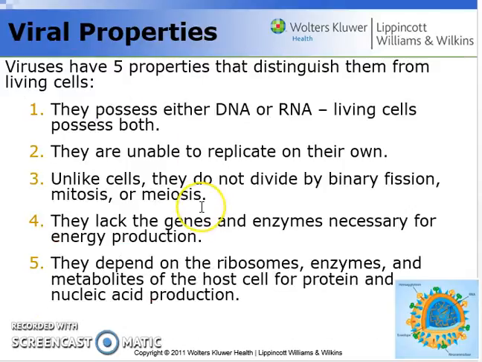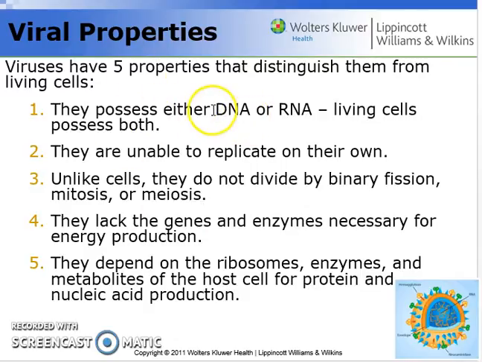But these are the five primary properties that a virus has to have in order to distinguish it from a living cell. Again, either they have DNA inside of them or they have RNA, but you can't have both. A living cell has both DNA and RNA. We know that from our studies on prokaryotic and eukaryotic organisms up to this point in our coursework.